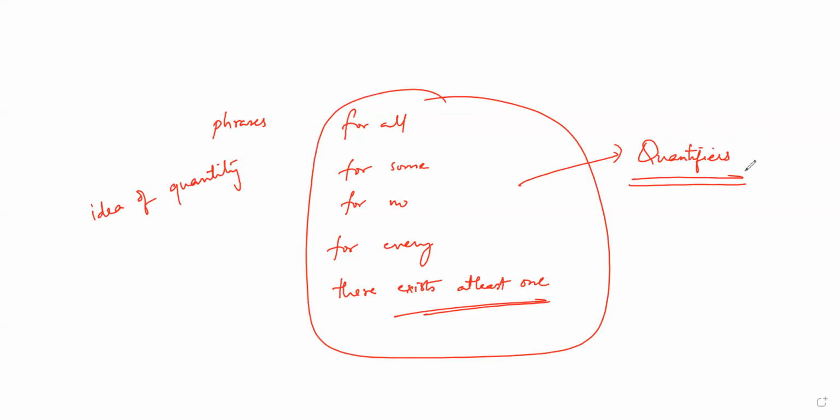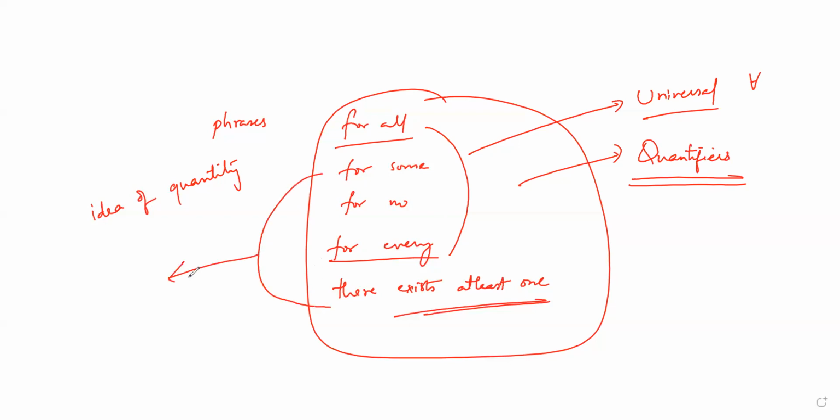Clear? Yes, sir. For all and for every, these two are called universal quantifiers, and they are denoted like this, sir. Some and there exists only one, these are called existential quantifiers. They are referred to like this. Okay. Clear?